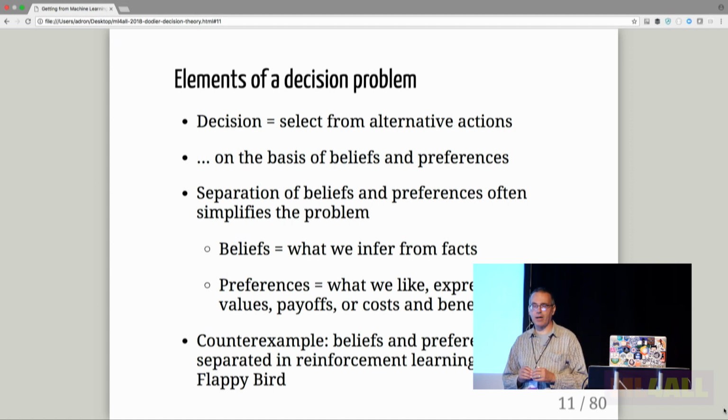There are machine learning models which combine these into a single function. An example of that is reinforcement learning, which was illustrated by the Flappy Bird example yesterday. So I won't say more about that, but I just want to emphasize that the separation of beliefs and preferences is not a fundamental feature. It's also something that can be combined in machine learning.